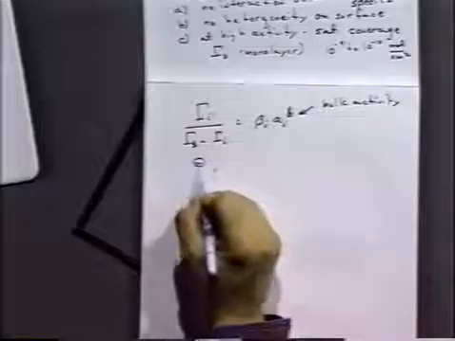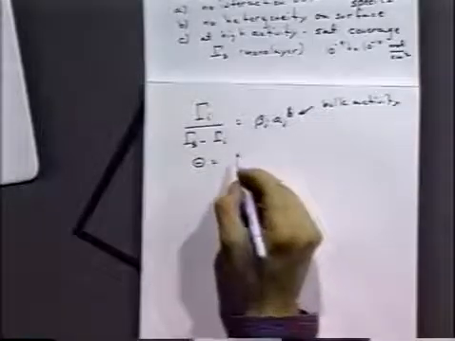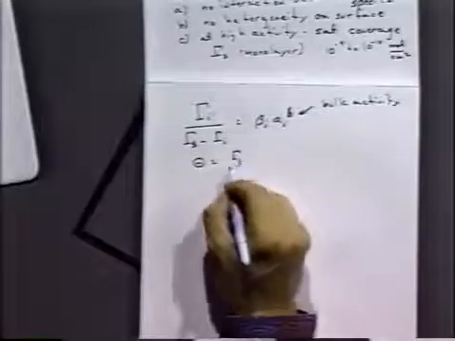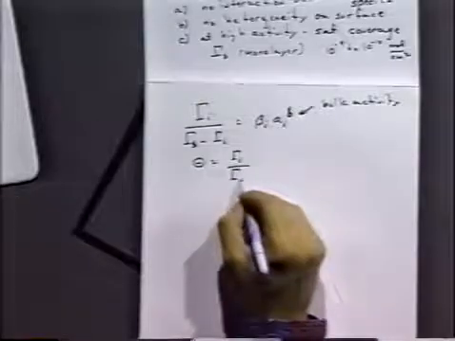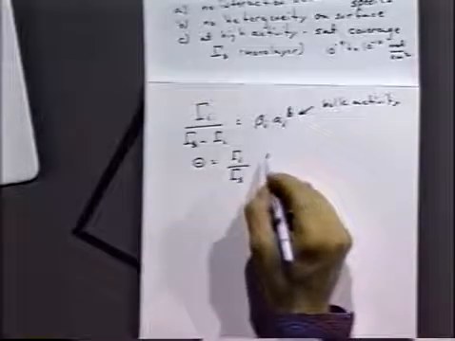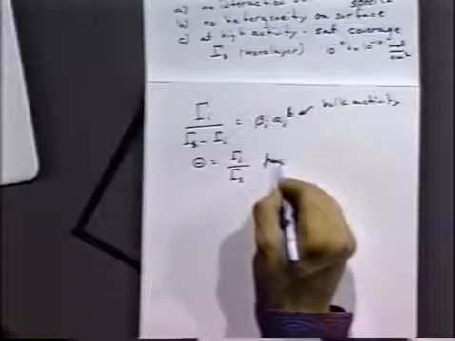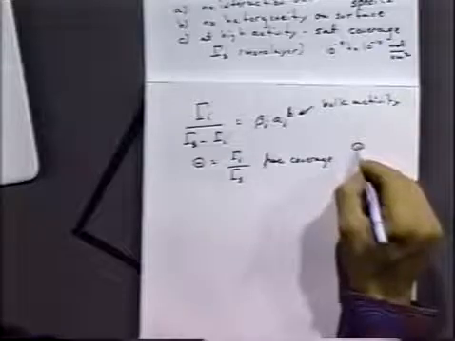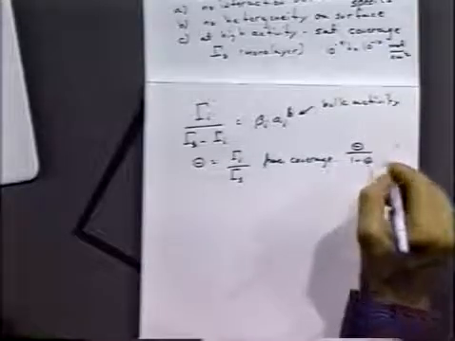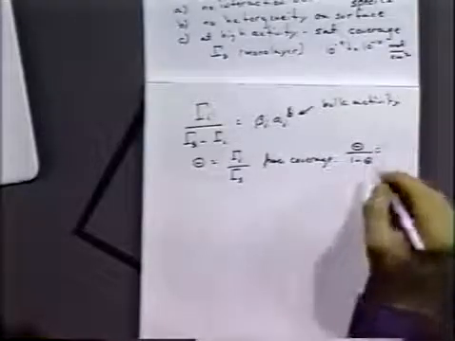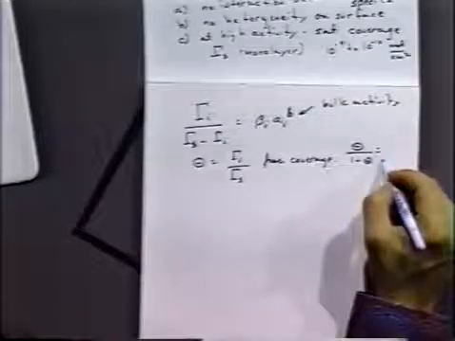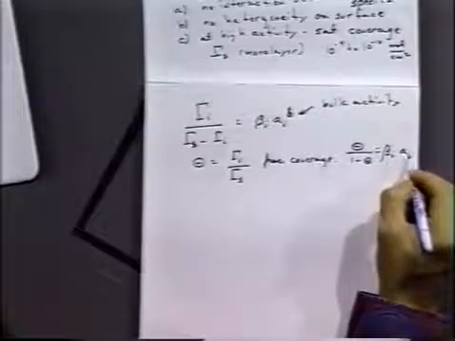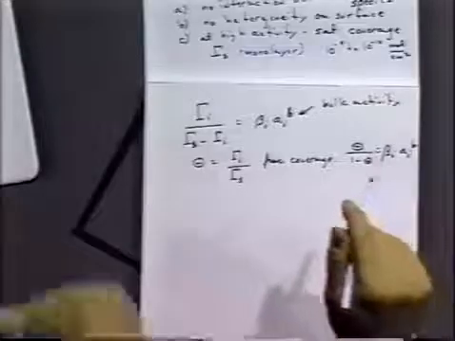We can rearrange that by using a term theta, which is just the fractional coverage, gamma sub I over gamma sub S. And so if we rearrange that, our isotherm would look a little different. The fractional coverage over 1 minus the fractional coverage is beta sub I alpha I. And so you can draw that.